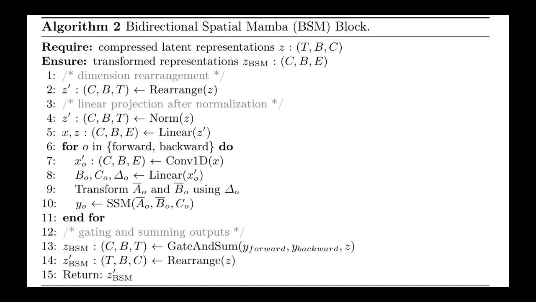So first we pass this x into conv1d, which will give us x dash o, and then we pass this x dash o into a linear projection layer, which will give us B naught, C naught, and delta naught, essential for the SSM. This delta naught will be used to transform A naught to A naught bar and B naught to B naught bar, and we'll pass this to the SSM, and this will result in an output Y naught.